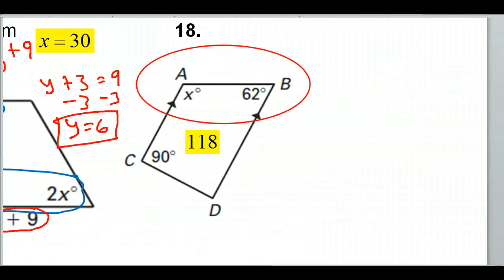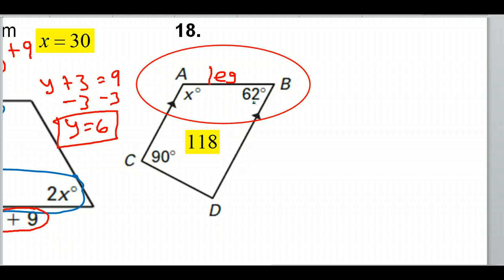Number 18. Again, we have to look and decide. This is a trapezoid, so we have to be careful which pair of angles we pick. These angles A and B that I circled, those are the angles that would be supplementary. Not the 90, not the x and the 90. It has to be leg angles. And like AB here, this is a leg. You have to pick a pair of leg angles.